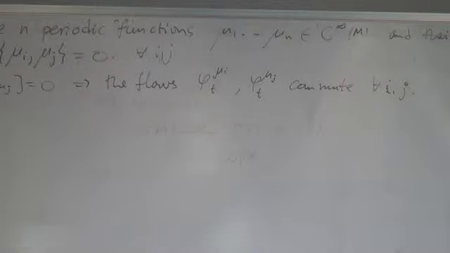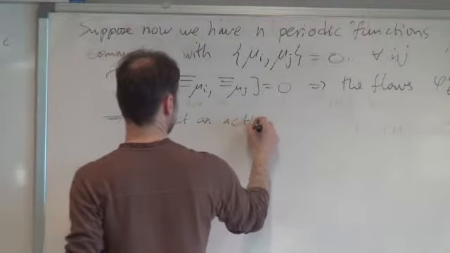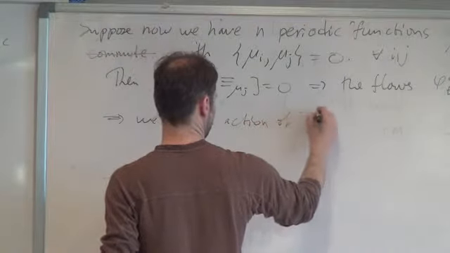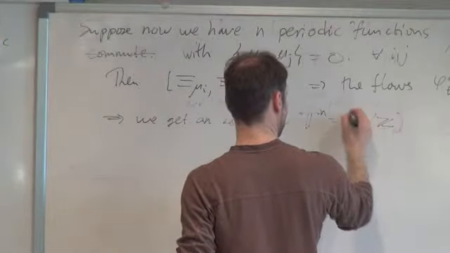So we get an action of the n-torus, which I am thinking of as R mod Z to the n.